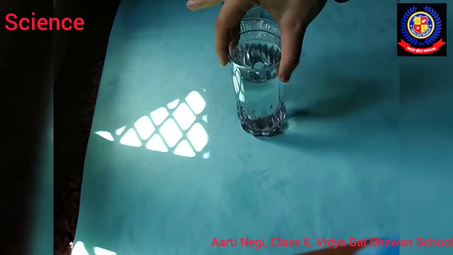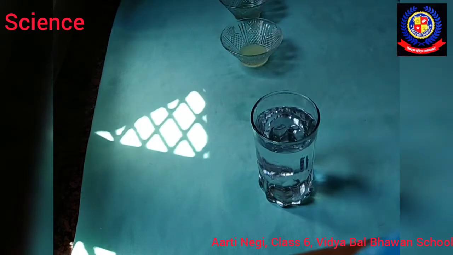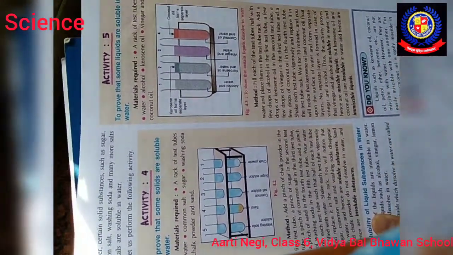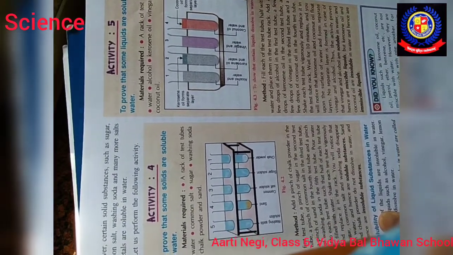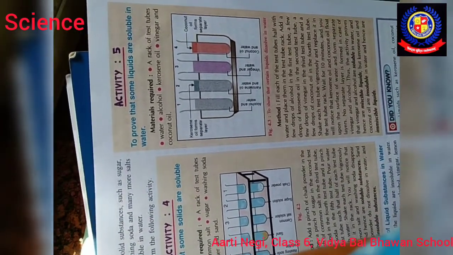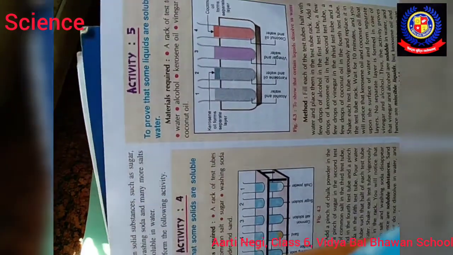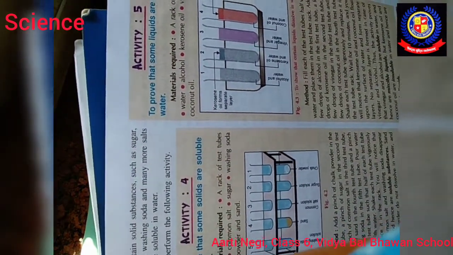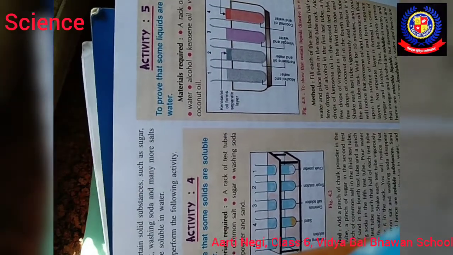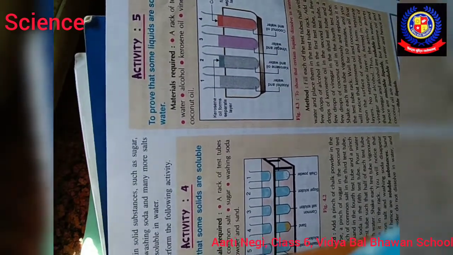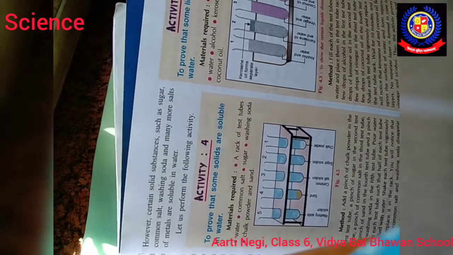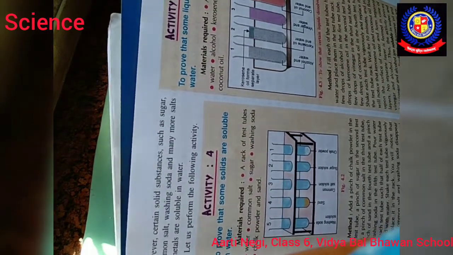Now students, let's come to our page number A43, activity number 5. To prove that some liquids are soluble in water. Here we are going to check whether the liquids given to us are miscible or immiscible liquids.